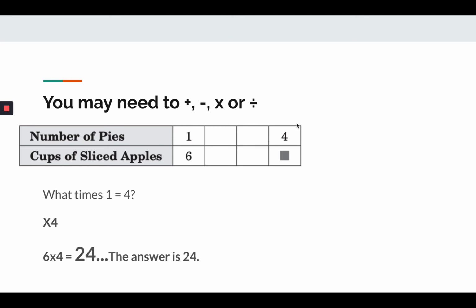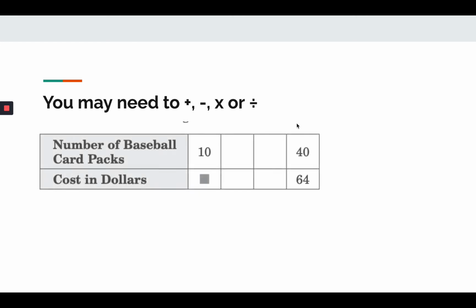Let's look at another one. This one's going the opposite way. Sometimes you're going to want to add, sometimes you're going to want to subtract, multiply, or divide. On all the problems today, it's multiplying or dividing. So I look at this, and I'm going the other way.